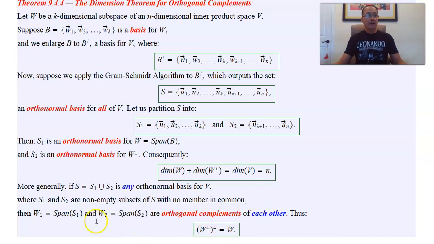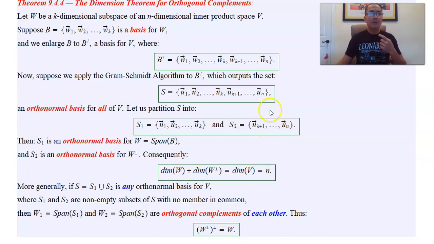Well, if you make W1 the span of the first set and W2 the span of the second set, they have to be orthogonal complements of each other. So this means that the orthogonal complement of the orthogonal complement must be the original subspace W.